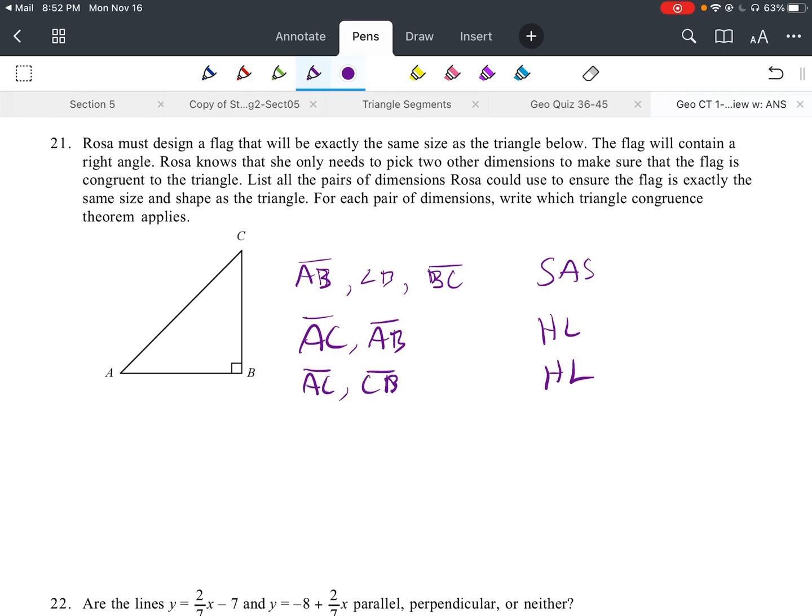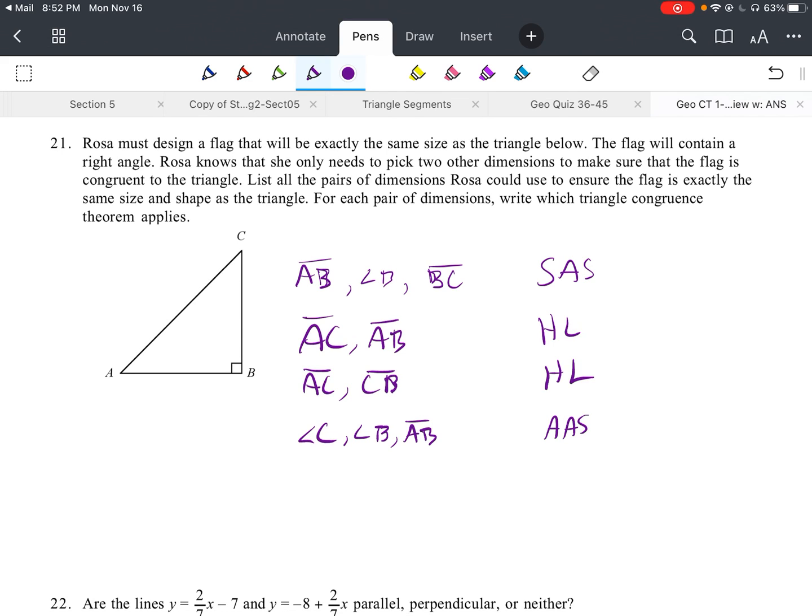So that's HL. What about angle, angle, side? So that would be if I knew angle C, angle B, and then AB. Angle, angle, side. Okay. You could say it's leg angle or whatever, but no, you're good.